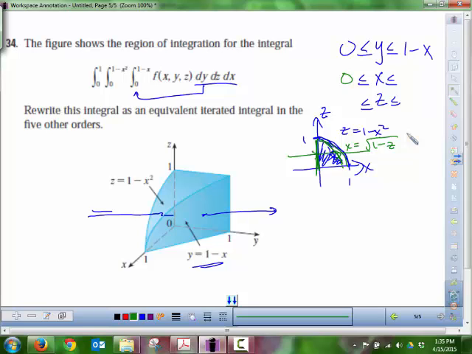Usually when I take the square root I need to consider whether it is positive or negative. In this case, both variables are in the first quadrant, so positive. That's my top limit. And z goes from where to where? Constants, 0 to 1.